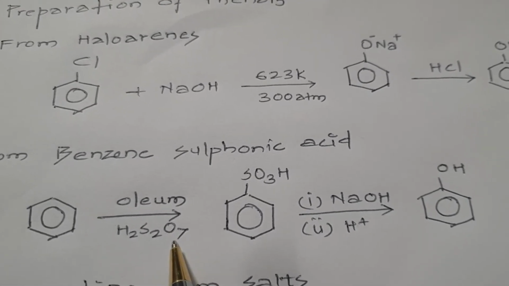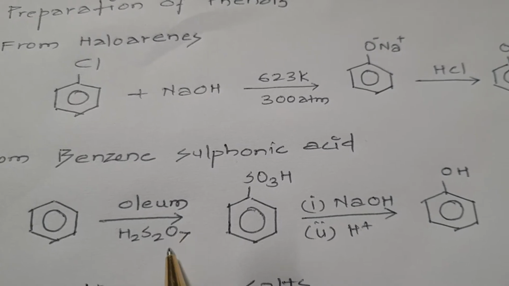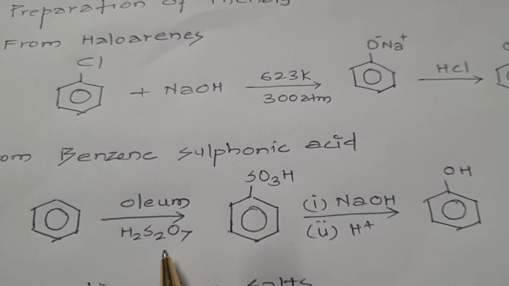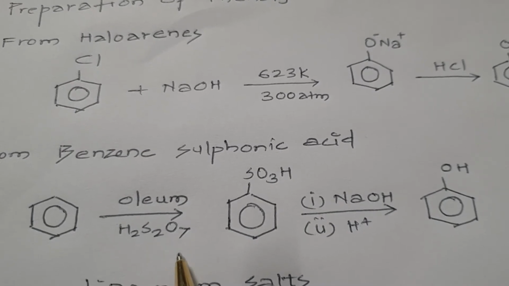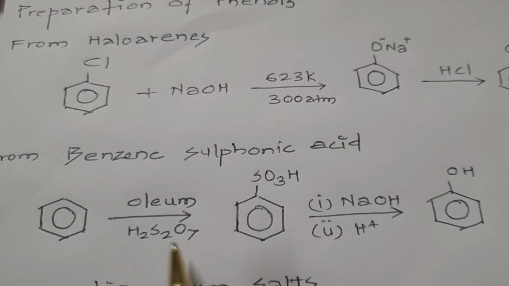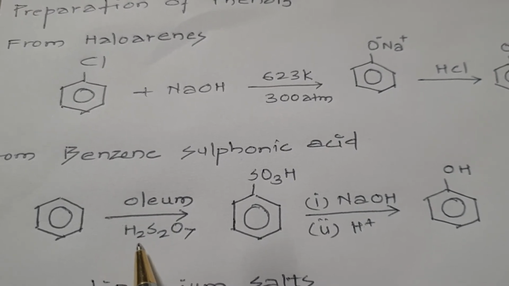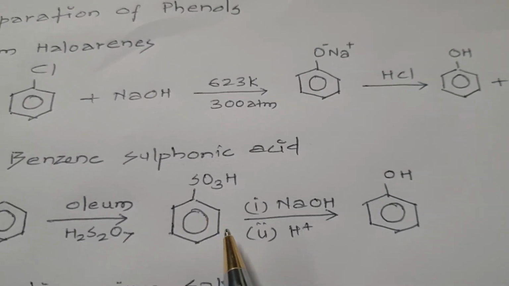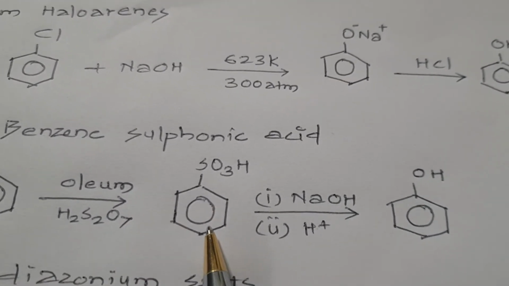It's nothing but concentrated sulfuric acid H2SO4 with the fumes of sulfur trioxide, that is SO3. If you combine this, what you obtain is H2S2O7. This goes to give you benzene sulfonic acid.